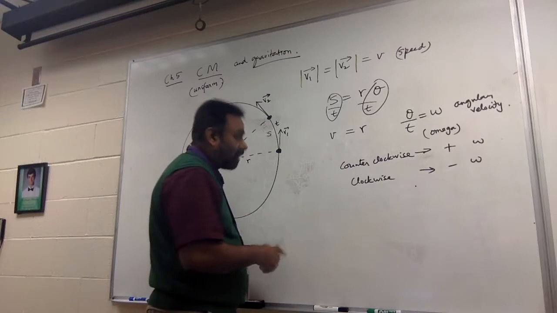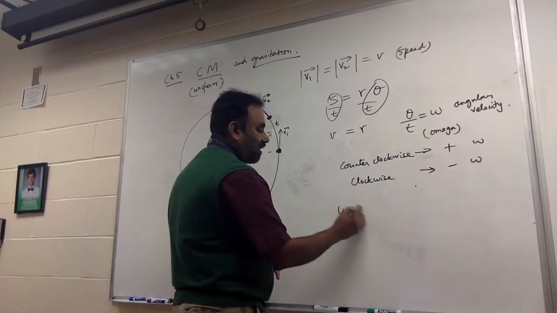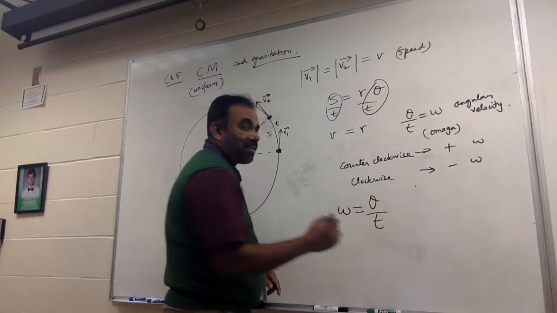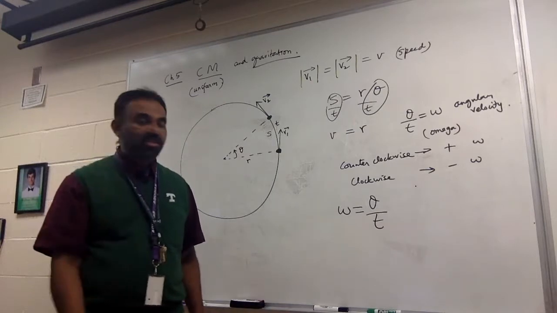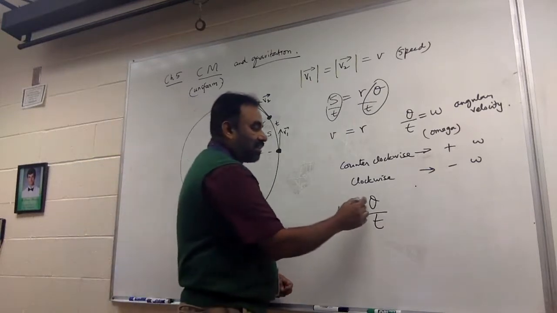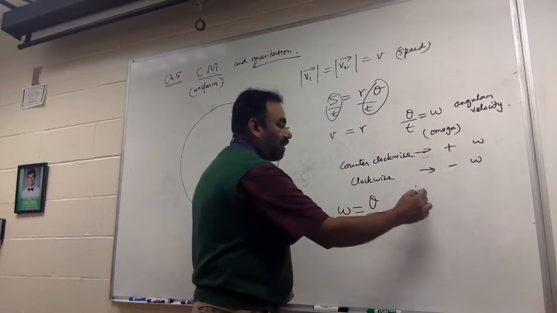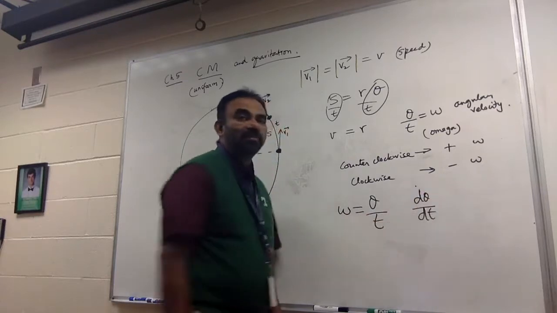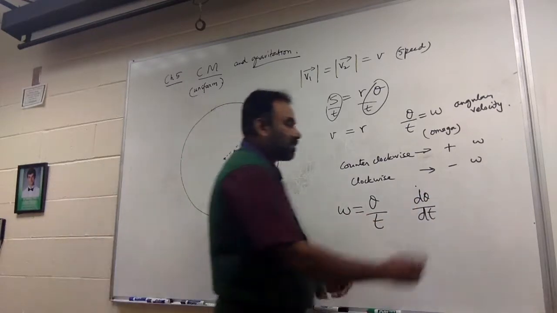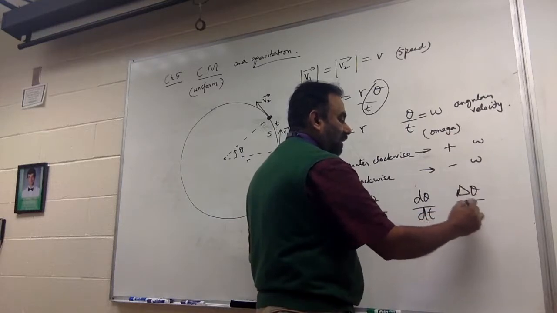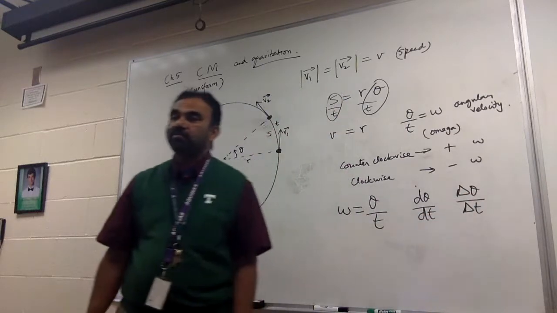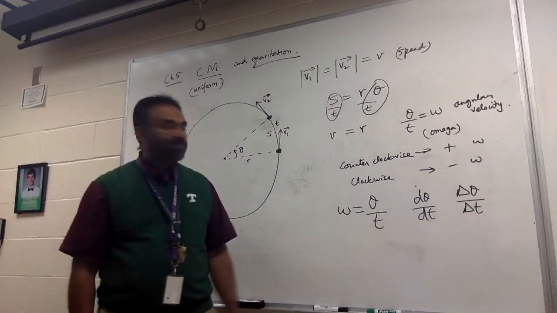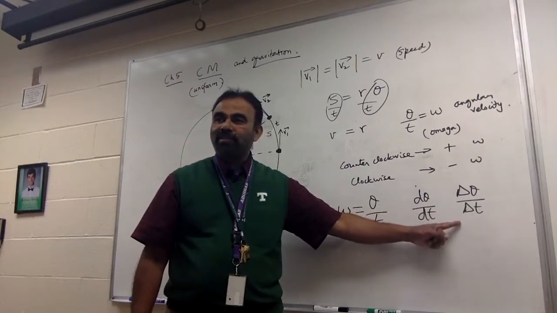So what is this omega? Omega is theta over t, the rate at which theta is changing. Sometimes you'll see they'll write it in a differential term, like d theta over dt. That's also the same thing. Sometimes they will write it as delta theta over delta t. That's also the same thing.